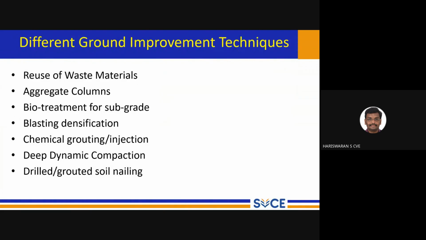Now, whenever we go for underground construction, mining work or any other applications, we are always going for soil nailing. We just penetrate a steel rod that has the capability to take higher tension. That is called drilled and grouted soil nailing work.